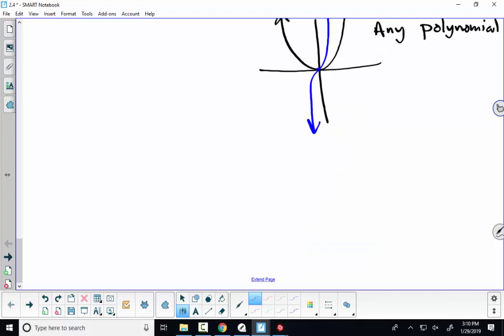You know it, it's just maybe not totally fresh. Maybe you're not quite sure what I'm asking. What about a function like this? Cube root. Here that point's 0, 1.